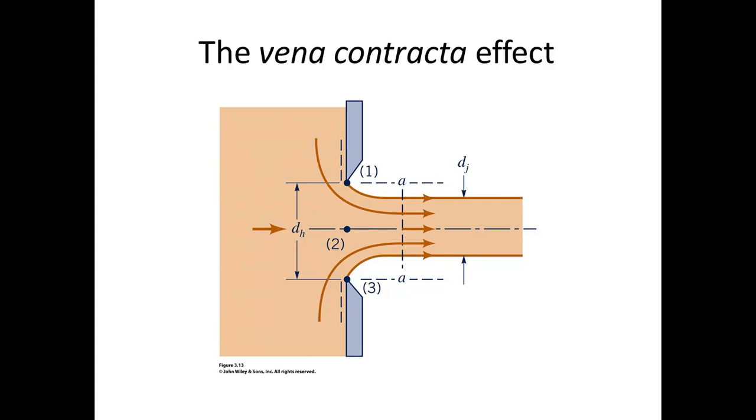So the point is that at 1 and 3, by the time it executes that turn, we've necked the flow down some. And so dH may be the actual diameter of the hole in the side of your container, but dJ is going to be the diameter of the jet once it steadies out. And take it as just simply an empirical given that once you come a little distance away, it will be, for our purposes, constant across that stream.